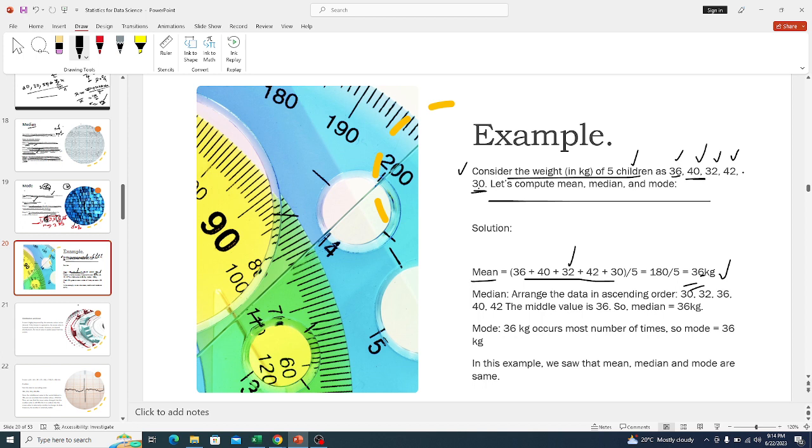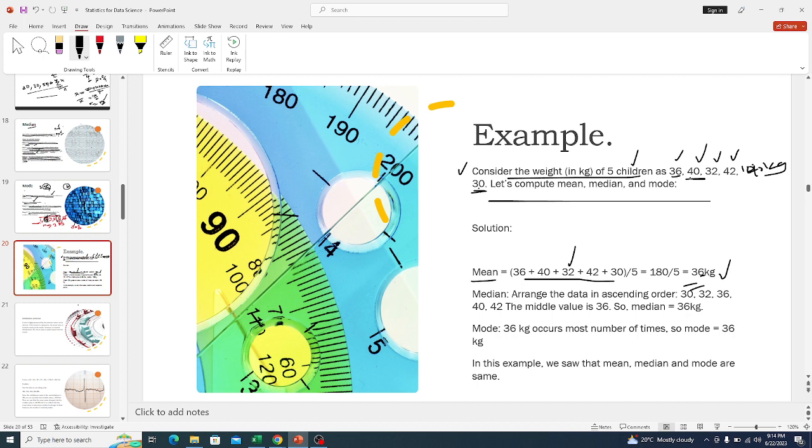So let me just add another weight here, like 140 kgs.